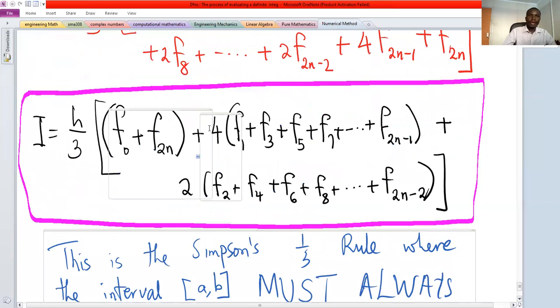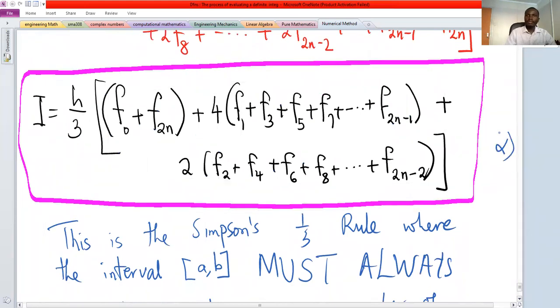And we can simplify if we call this formula alpha.